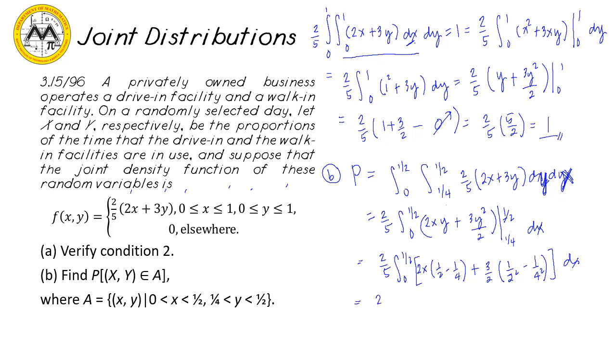So this is 2 over 5 integral from 0 to 1/2 of 1/2 minus 1/4 is 1/4, times 2 is 1/2 x, plus 3 over 2 times 1 over 4 minus 1 over 16. So that's 9 over 32, dx.